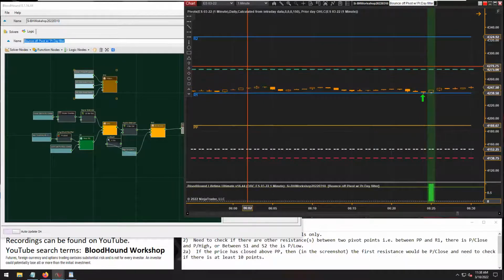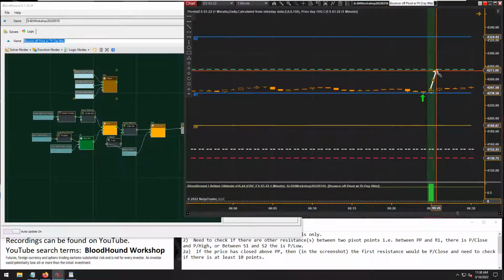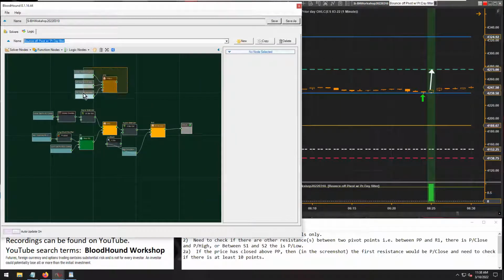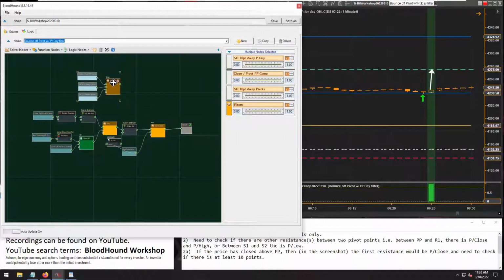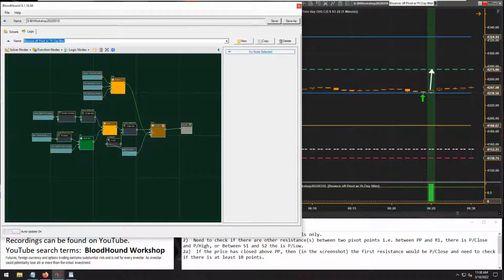So we need to make sure that we have that 10 points of clearance before generating a long signal and trading into the prior high. That's what our filters are doing over here. So we now need to take our filters and connect them into that AND node there and check that.